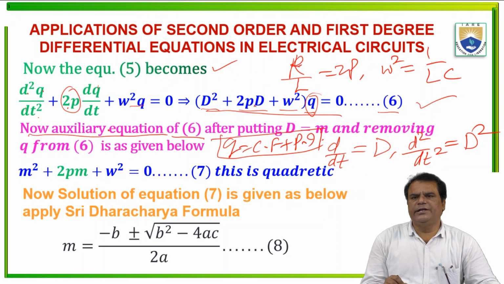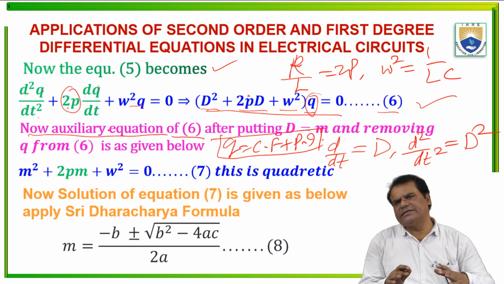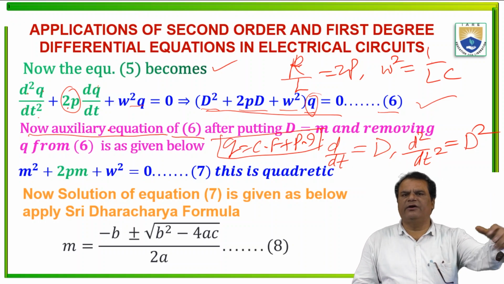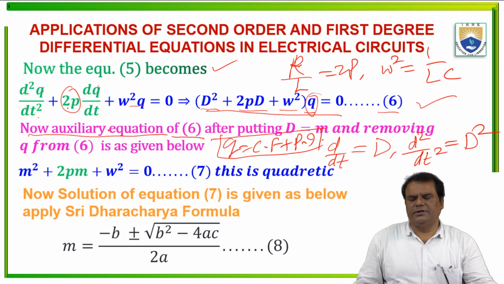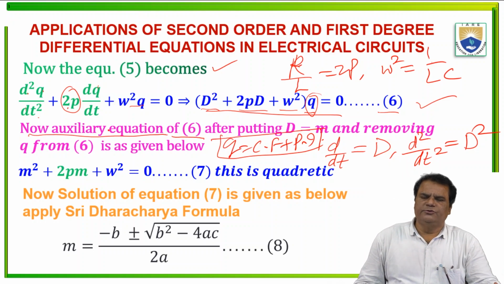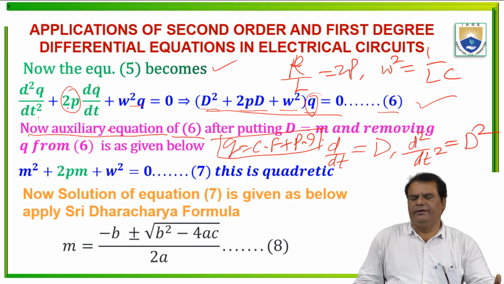We find the auxiliary equation of 6. We have discussed in several questions in the last lecture, on first order, higher degree and first degree differential equations, how we can find CF and how we can find the particular integral. So I am discussing the details.